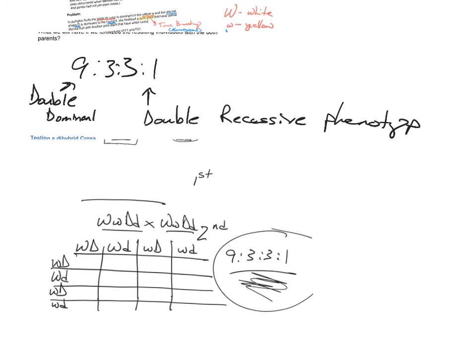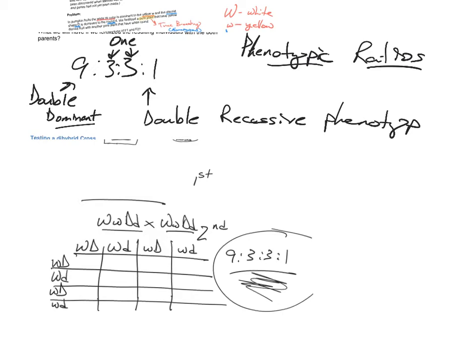Remember, this is the phenotypic ratio, right? And of course, this is 1 dominant and 1 recessive, right? So we understand that that's the results.